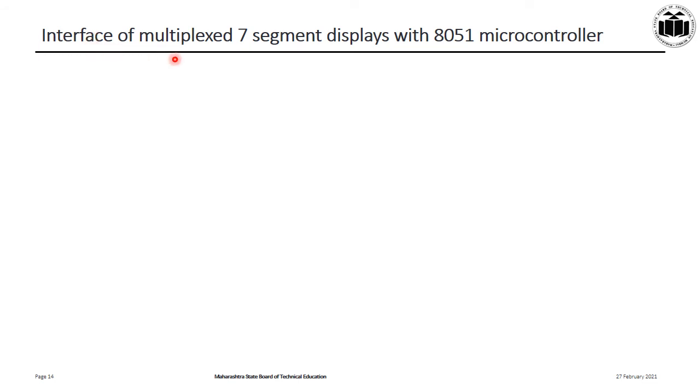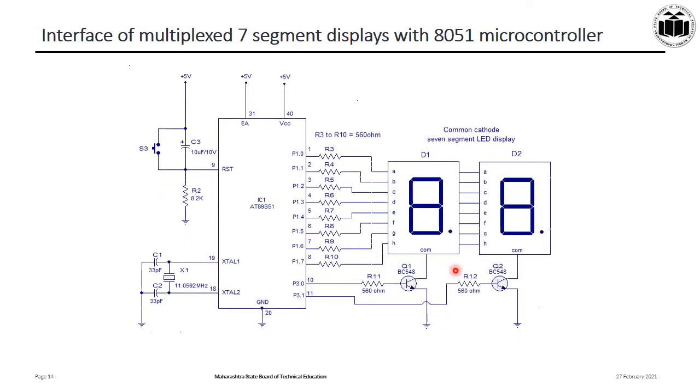We can interface multiplexed 7-segment displays, more than one 7-segment display on a single port. So here we have connected two 7-segment displays on port 1.